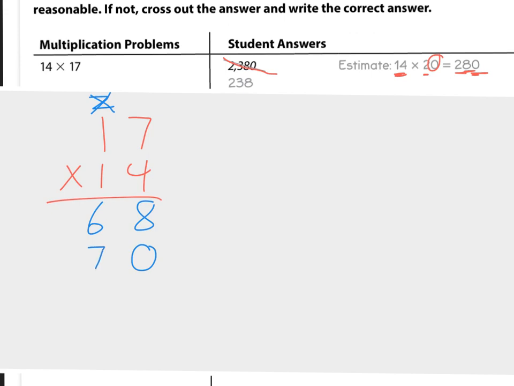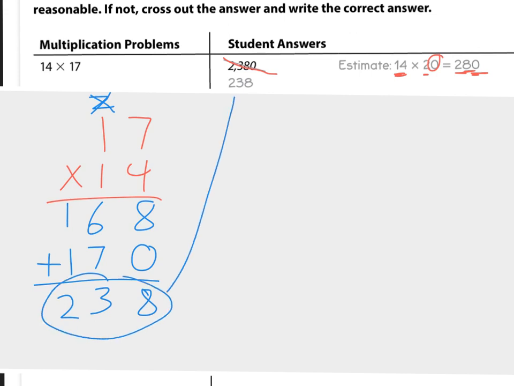We'll put that in the tens place. And then 1 times 1 is 1. We'll put that here. Alright, we have our two products. Let's add those together. Our units place is 8, our tens place is 13, and our hundreds place is 2. 238 is our correct product.